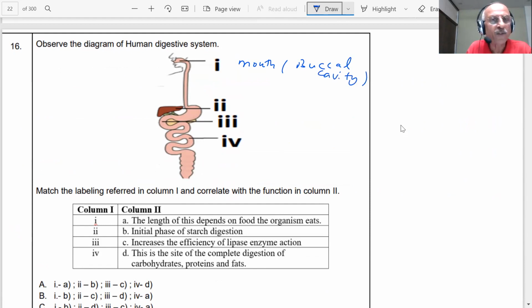And what is two, student? This is your liver. And what is three, student? Intestine. These are the small intestine.